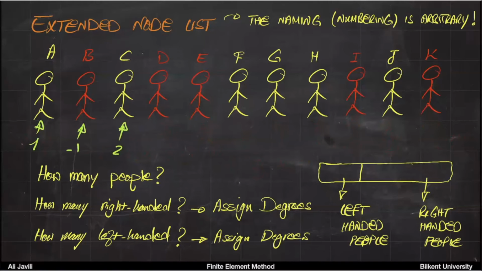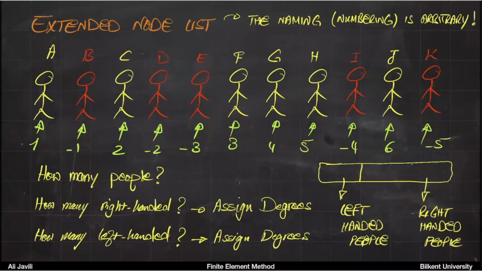So this shouts 2, -2, -3. Am I going right? Yes. 3, 4, 5, -4, 6, and -5.